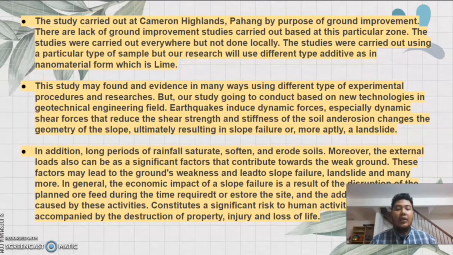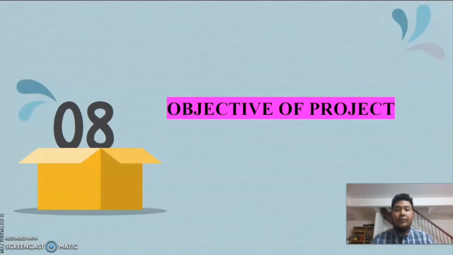In general, the economic impact of a slope failure is a result of the disruption of the plan or fit during the time required to restore the site, and the additional cost caused by this activity constitute a significant risk to human activity and is often accompanied by the destruction of property, injury, and loss of life.